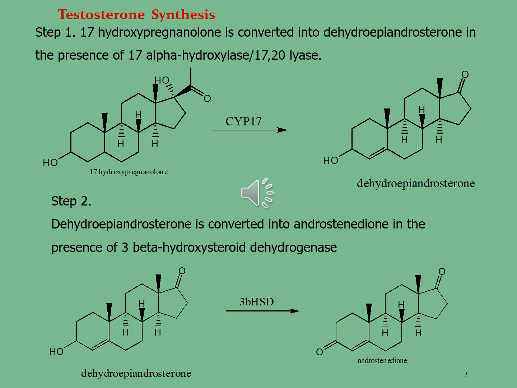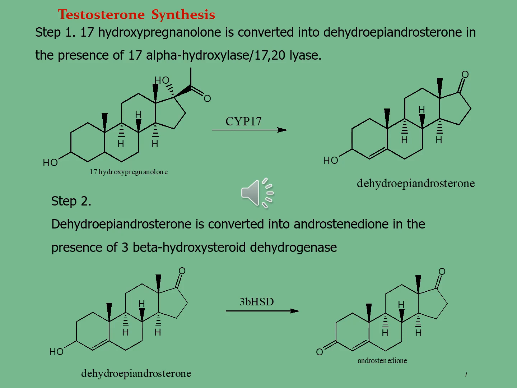You can see over here in the first reaction the structure of 17-hydroxypregnenolone, in which the hydroxyl group is present at carbon 3 position and an acetyl group is present at carbon 17 position. In addition, one hydroxyl group is present as alpha at the 17 position too.